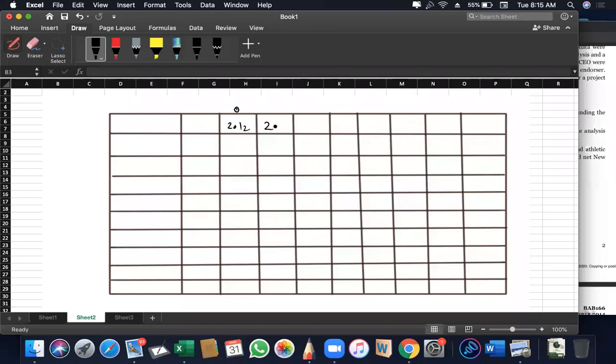Then 2013, 2014, 2015, 2016, 2017, 2018. So here is 1, 2, 3, 4, 5, 6. Okay, this is the first step. We mapped out the life of the project.